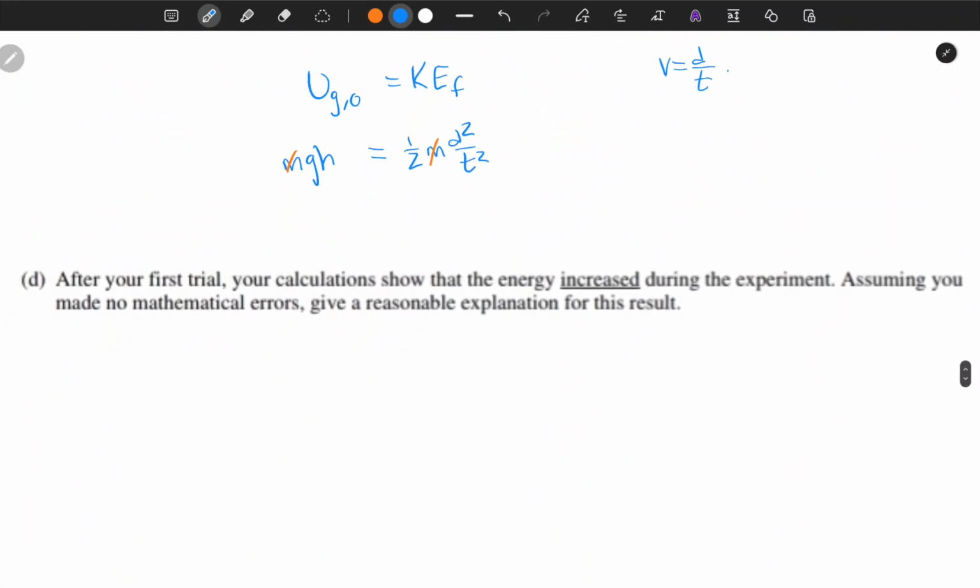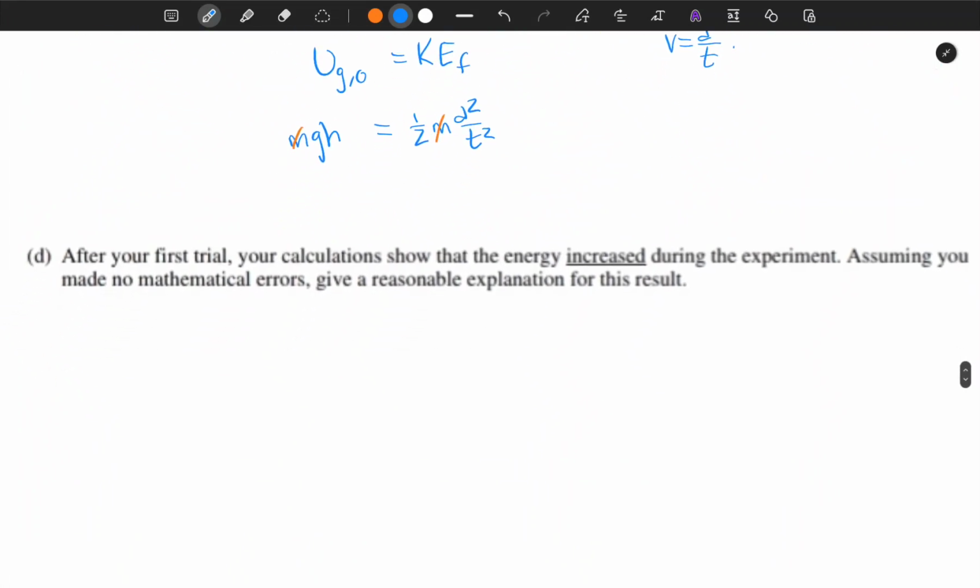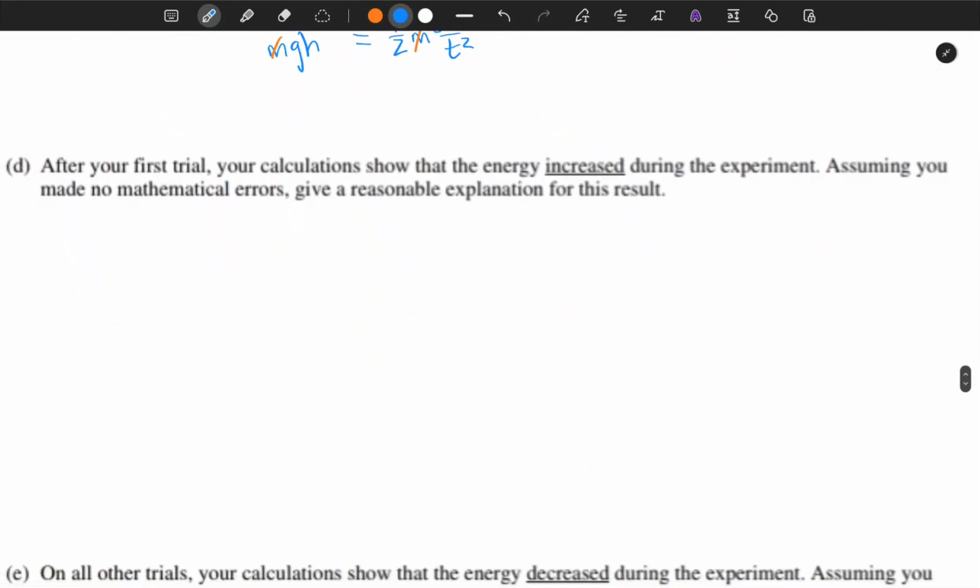Next, assume that after your first trial, your calculations show that the energy increased during the experiment. Assuming you made no mathematical errors, give a reasonable explanation for this result. Again, in lieu of time, I will not be writing the solution out. Instead, I will be speaking some reasonable explanation for this result.